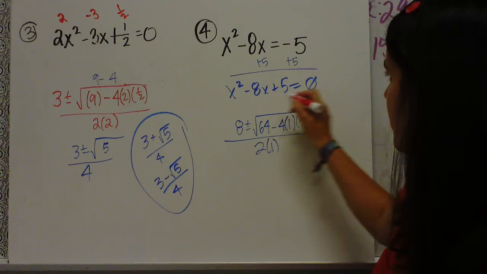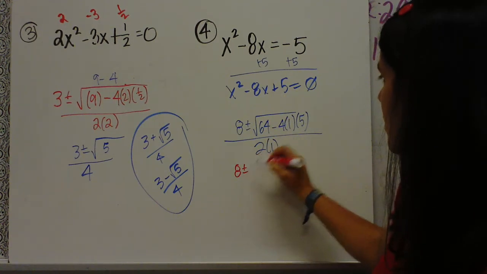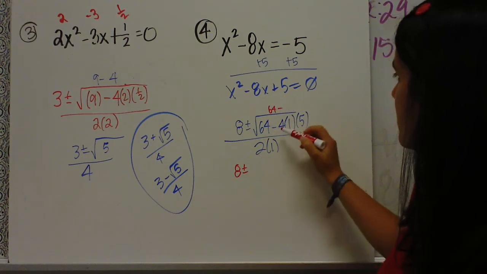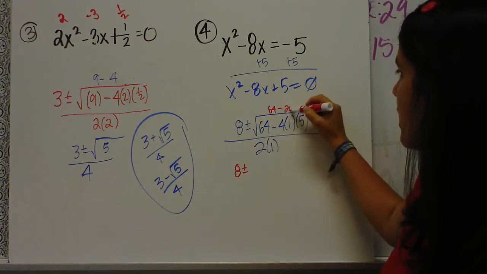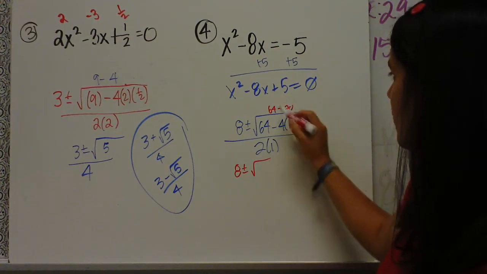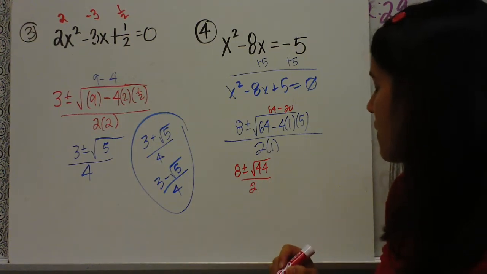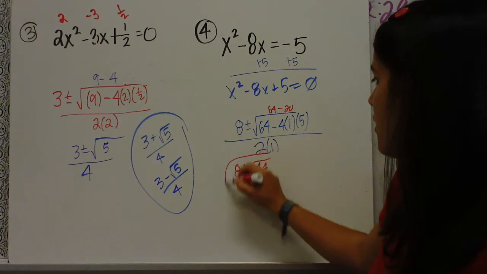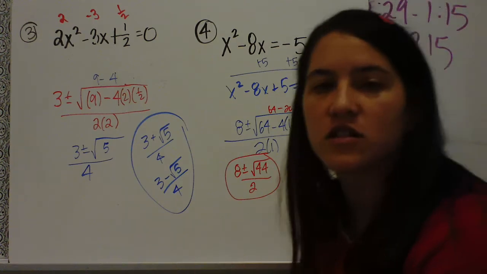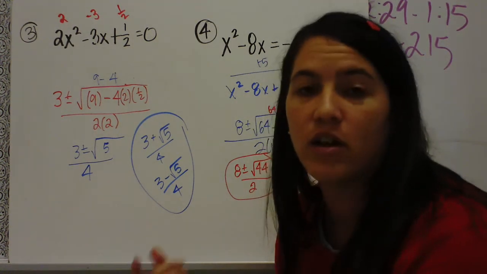I'm going to simplify the square root. So 64 minus 4 times 1 times 5 is 20. So square root of 44, all over 2. And again, you could leave it here, because the square root of 44 is not a perfect square.